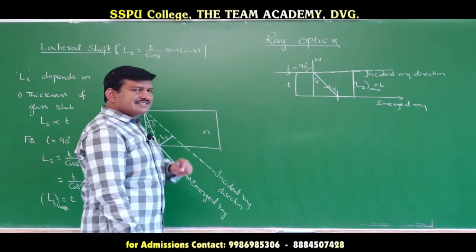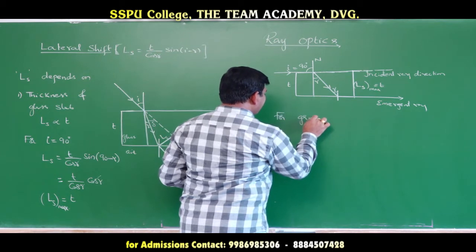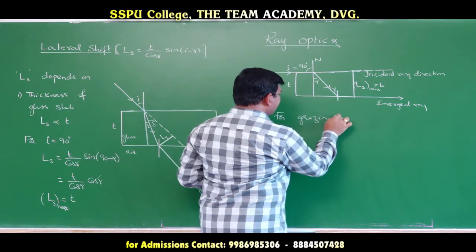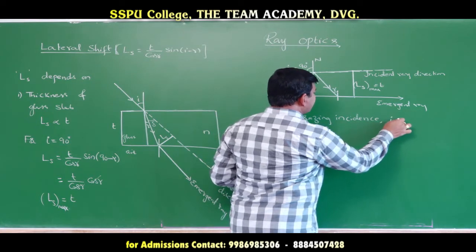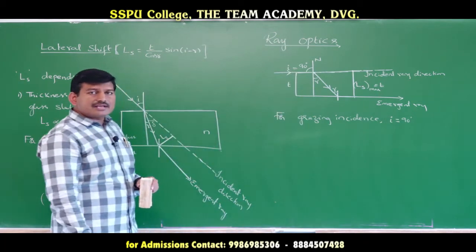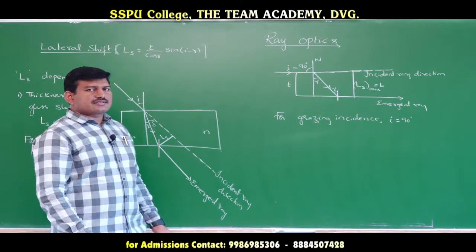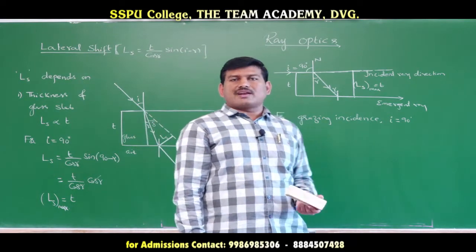For grazing incidence, the angle of incidence i is equal to 90 degrees and lateral shift is maximum, and the maximum value of lateral shift is equal to the thickness of glass slab. That means we can't have a lateral shift more than the thickness of the glass slab.